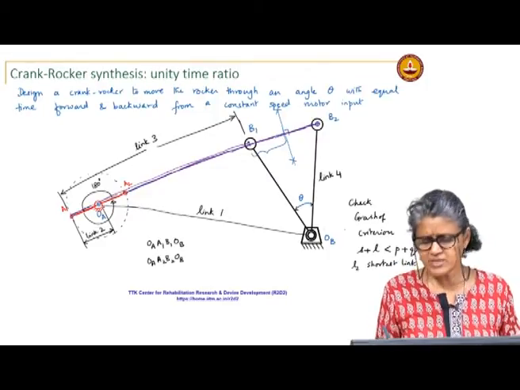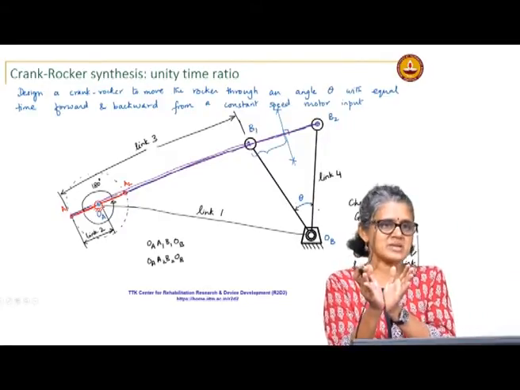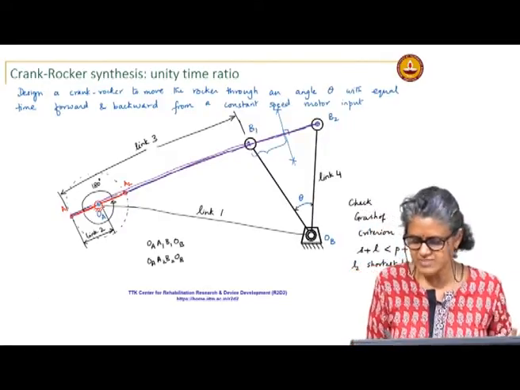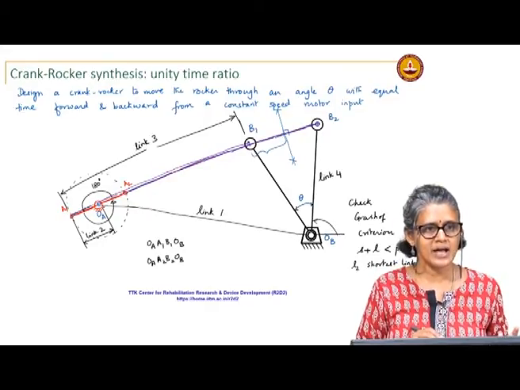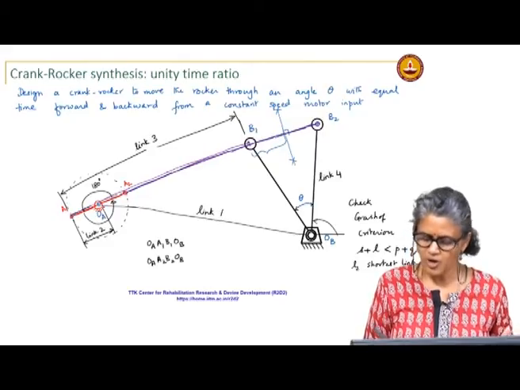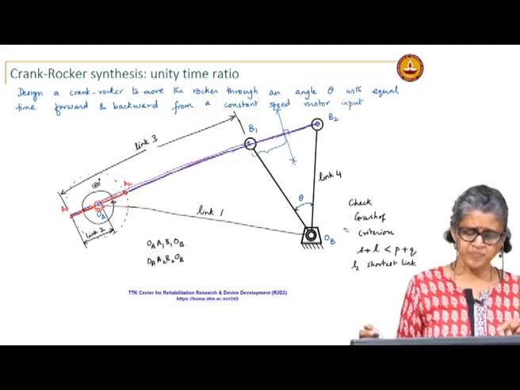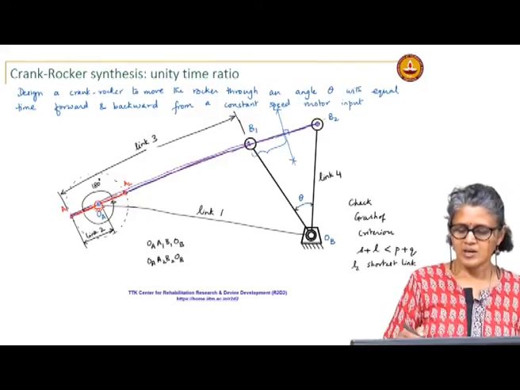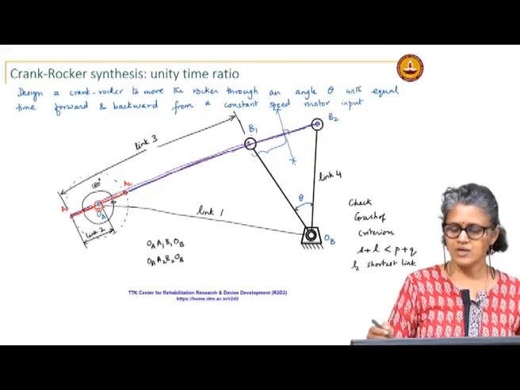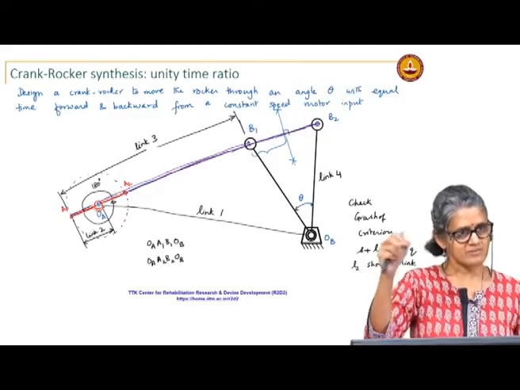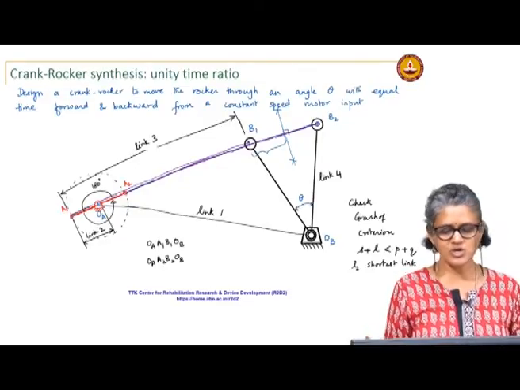Sometimes they will tell you what the initial position should be. So, the orientation of link 4 may have been given. I might have said, no, you have to start at a particular angle, or that may be a free choice. Then B1 B2, where I locate the pivot, so basically the length of link 4 was a free choice.